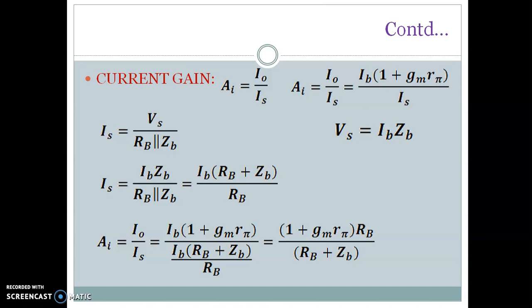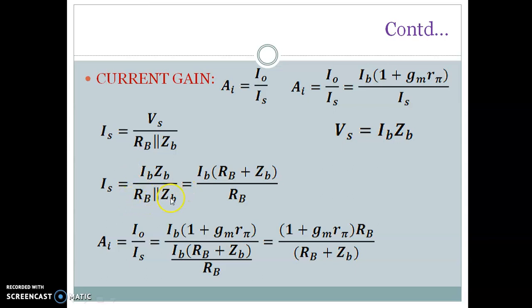And what about VS? We have already established the relation while computing the input impedance. VS is equal to IB times ZB. So we substitute that it is IB times ZB divided by RB parallel ZB. You can see here I have substituted VS is equal to IB times ZB divided by RB parallel ZB.